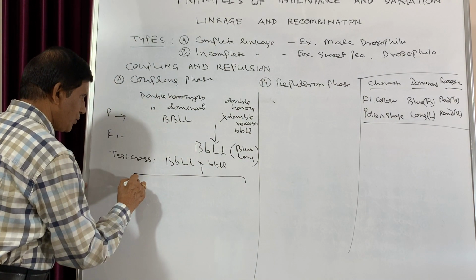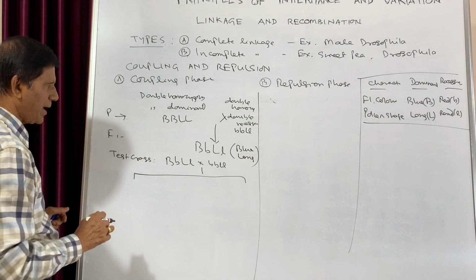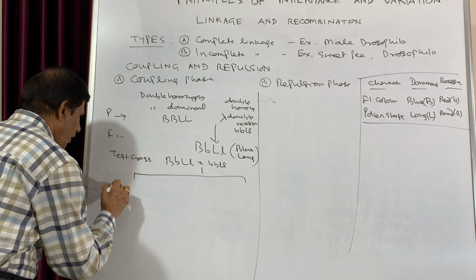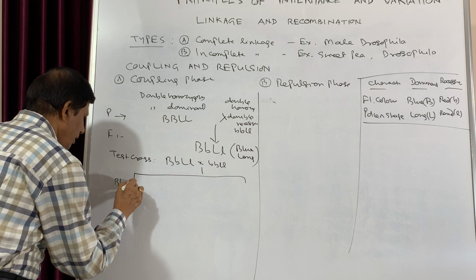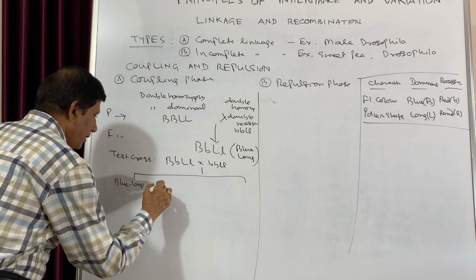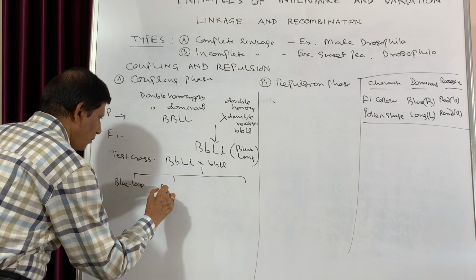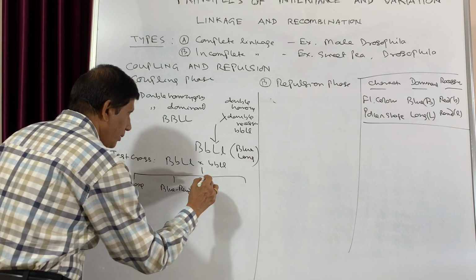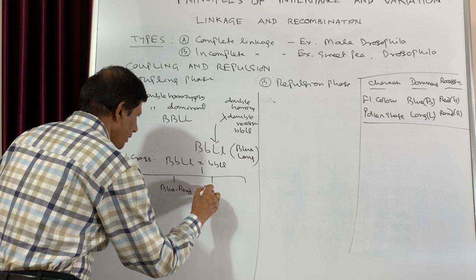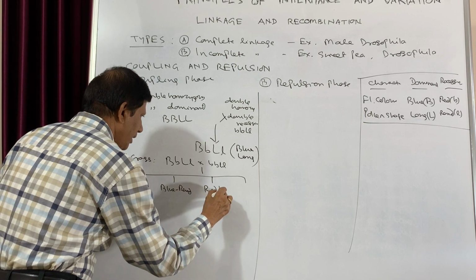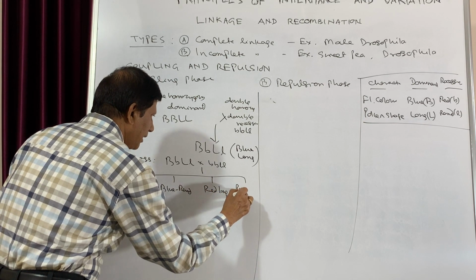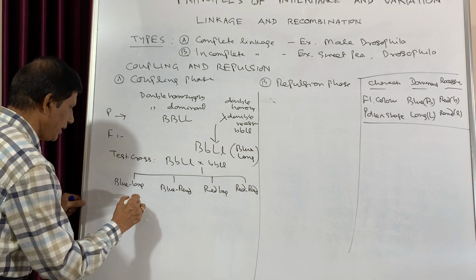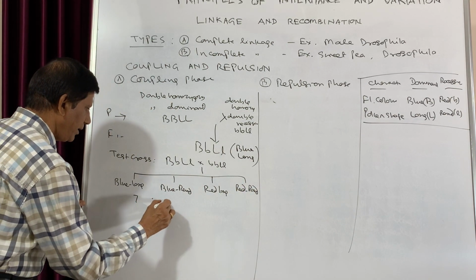It gives rise to different types of plants: blue and long, blue and round, red and long, and red and round. These were obtained in the proportion of 7:1:1:7.